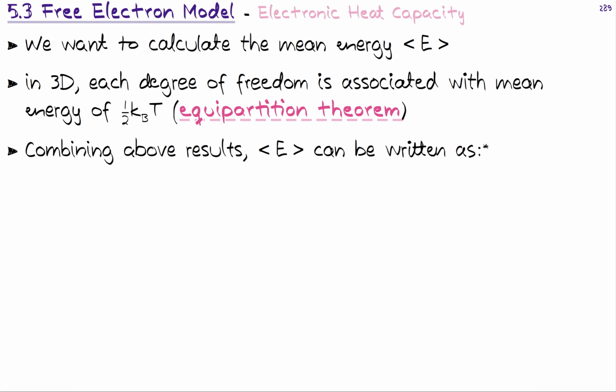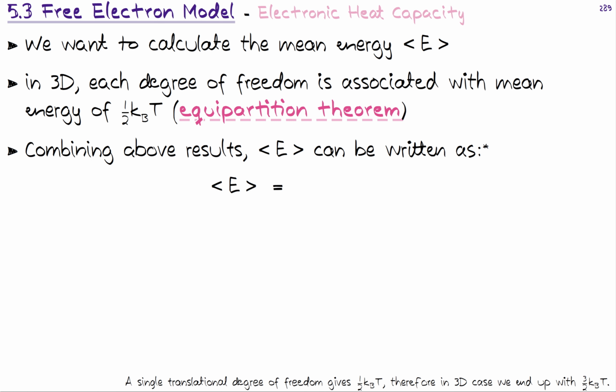And since we know that we have 3 translational degrees of freedom, so that the electron can go anywhere along x, y, or z, the mean energy can be given as 3/2 times kBT times the density of states nearby the Fermi level times kBT, since we're dealing with the thermal thickness.